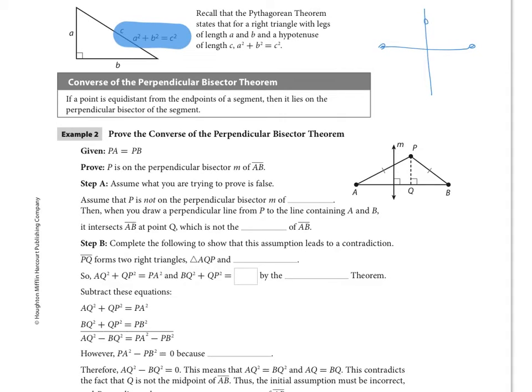And then we said any point P, remember, was equidistant to the endpoints. And of course, because it's a perpendicular bisector, that creates a right angle. And so in essence, what we've created is two identical right triangles on either side of that line.